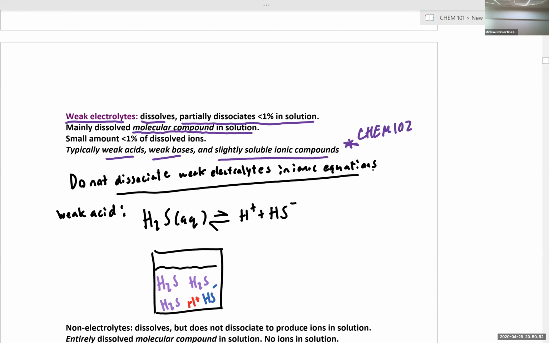So just to round out this discussion, just as review, would someone like to provide me the formula of a weak base? What's an example of a weak base? Ammonia, exactly right.